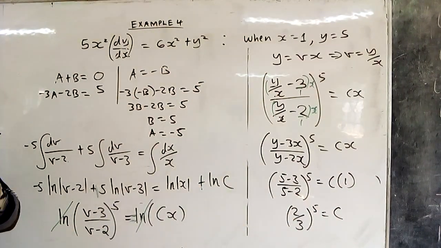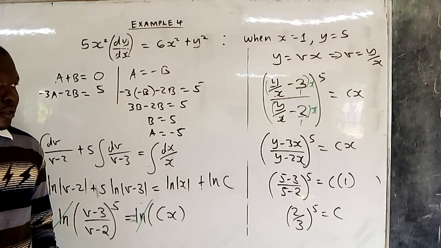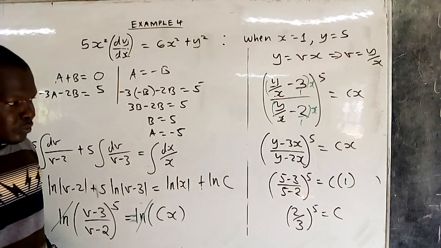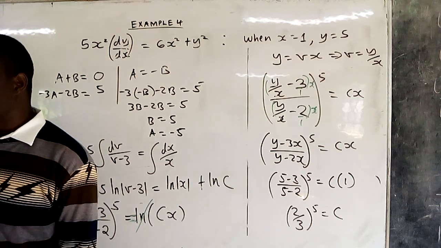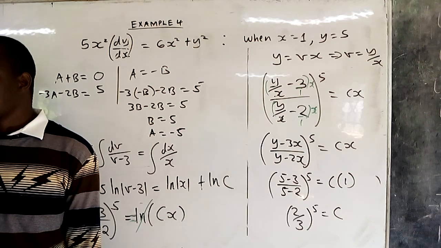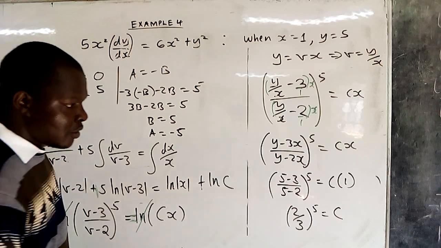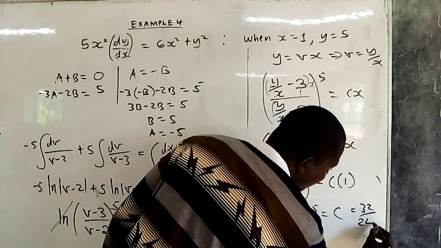So what is the value of c? 2 raised to power 5 is 32, of course. 3 raised to power 5 is 243. 32 over 243. Very simple, isn't it? So you get c is 32 over 243.